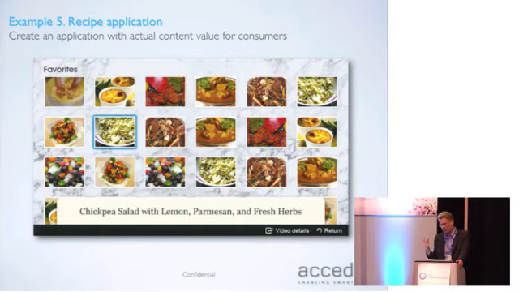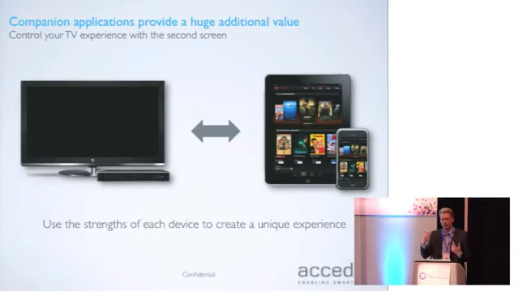One thing I always get questions about is, yeah, what about tablets and phones? Won't they be used in the living room? Of course. I'm sure all of you are using your phone while watching TV or your tablet while watching TV. I think the key thing going forward is, of course, how do you use your second screen with your first screen?